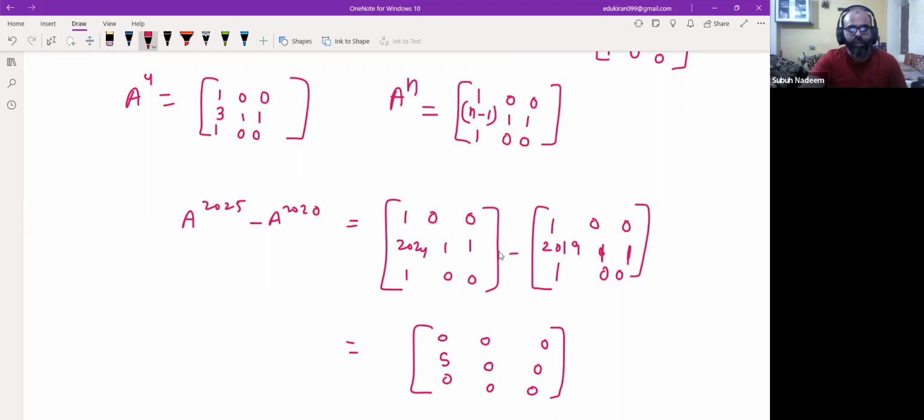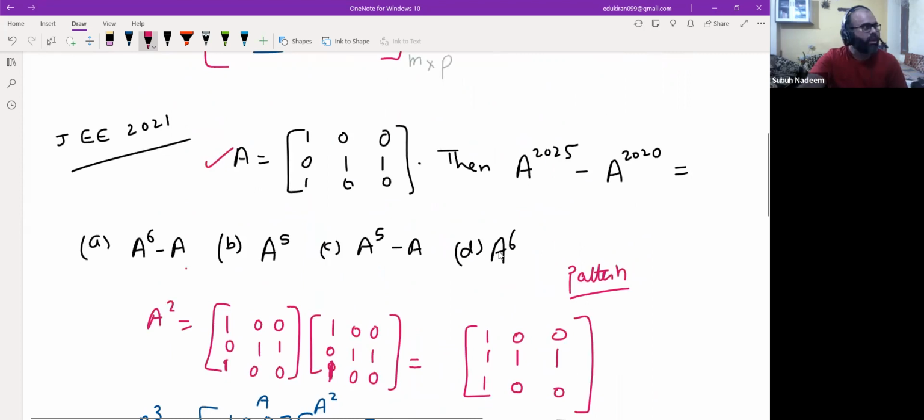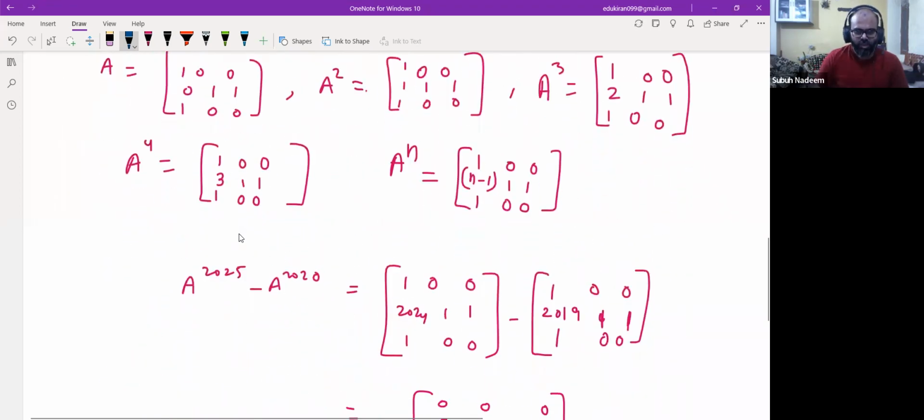Now after seeing this, you have to see which option is the correct option. So you have many options. If you see here, a to the power 5 and a to the power 6 you can't take. Because a to the power 5 means this will be 1 4 1, 0 1 0, 0 1 0.